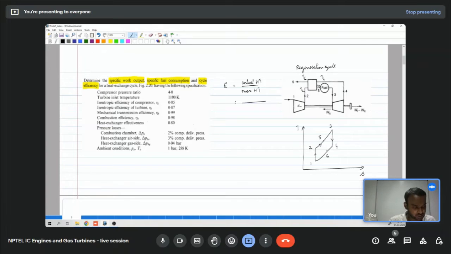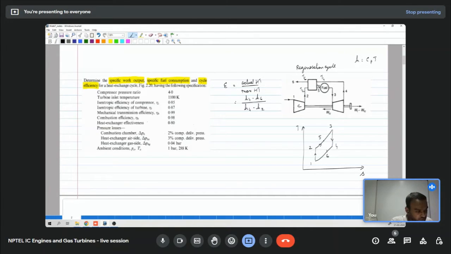The maximum theoretical heat transfer. So that can be written as H4 minus H2, right? Here we consider H is always Cp into T, so all Cp's will get cancelled, and then we will have temperatures. But actually we are having only H4 minus H6. So this is the effectiveness definition for the heat exchanger during regeneration cycle.